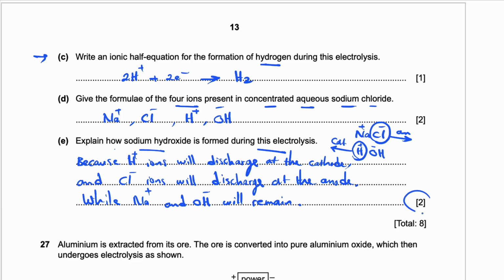That question is 2 marks. So 1 mark for telling what's going to get discharged: hydrogen and chloride ions. And what's going to remain in the solution: sodium and hydroxide.